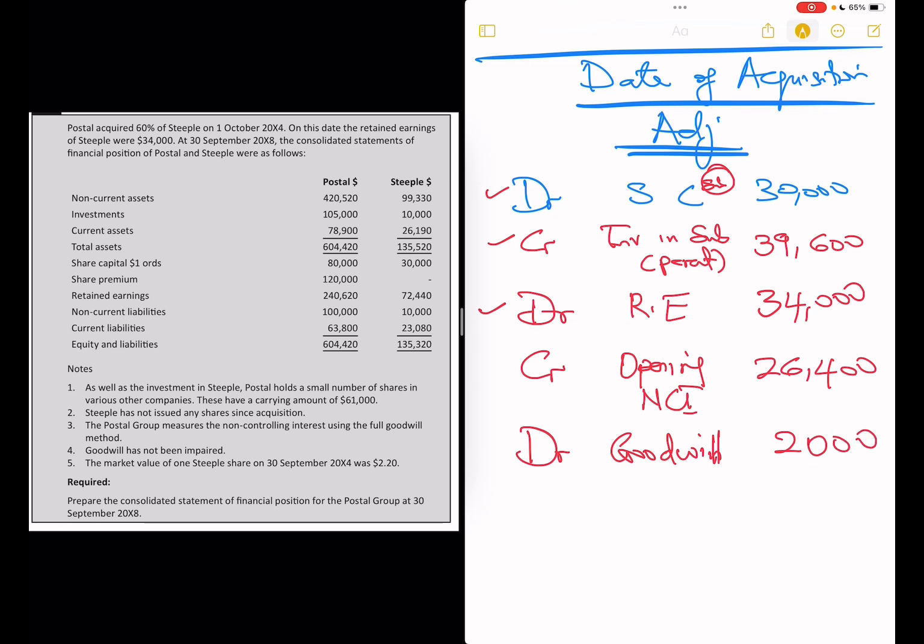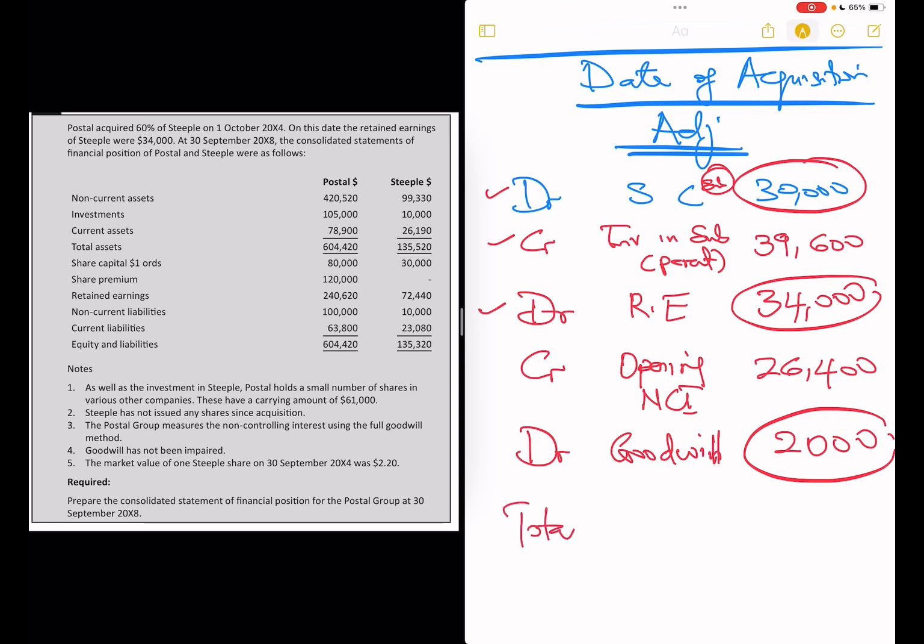If you look at all these entries, there are 4 of them, and it's always going to be 4 like this. If there is another reserve account, there might be 5, but mostly these are the popular 4. Look at the total debit. This is a debit, this is a debit, and this is a debit. If you add all of this debit together, you have total debit of 66,000.